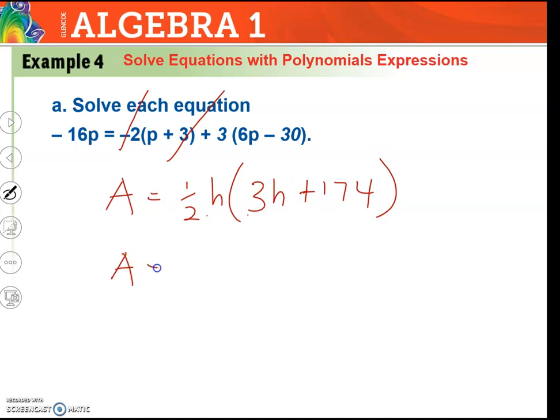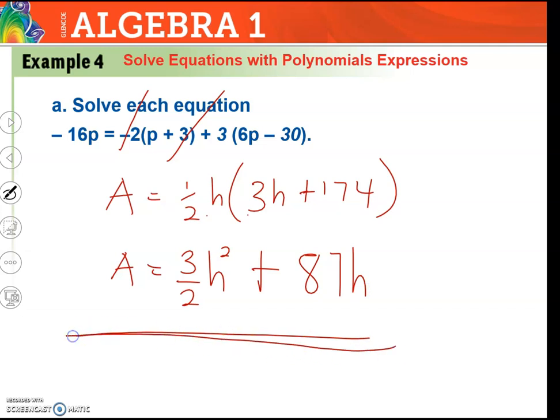Area will be half H times 3, which gives us 3 over 2 H squared, plus half times 174, which gives us 87H. And that is the area of the trapezoid.